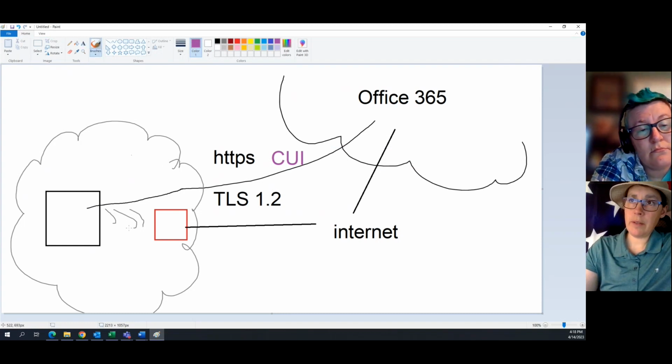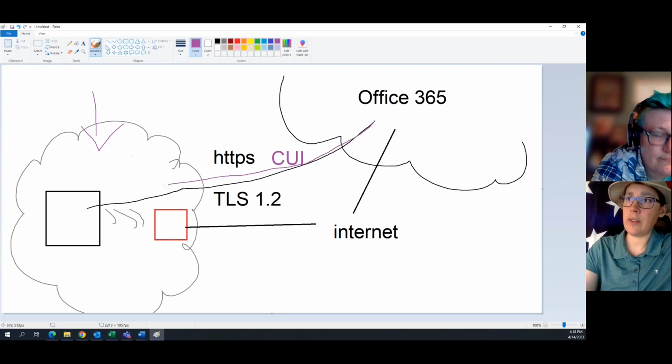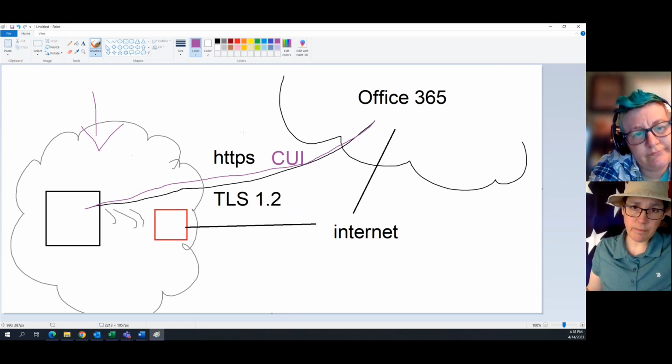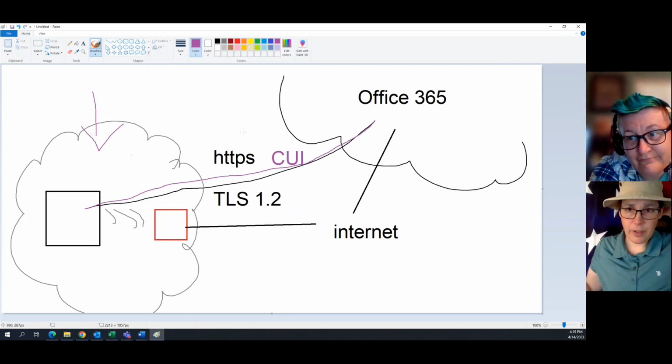One of the common misunderstandings is people think that you need to take this Wi-Fi network and make this Wi-Fi network FIPS validated. And you don't. Because this session here, the one that's actually transmitting CUI, is already FIPS validated. It's already encrypted. So it doesn't matter what the Wi-Fi network is. We don't need to encrypt it twice.